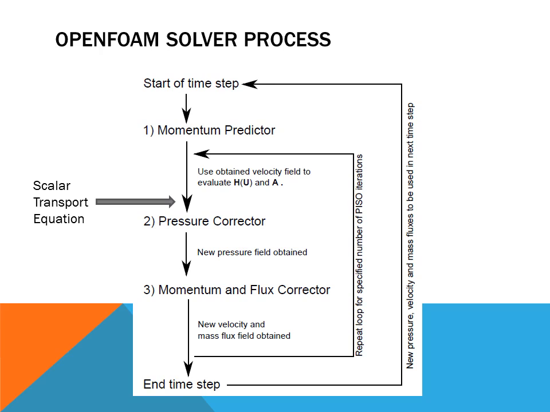You basically predict momentum, which instantiates a U field using initial variables, and then you iteratively solve the pressure and the salt transport equation until they match, and then use those to predict the next velocity equation. You repeat that until everything matches, and then you go to the next time step.